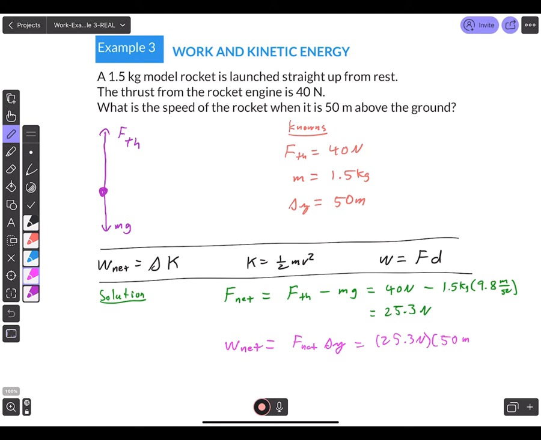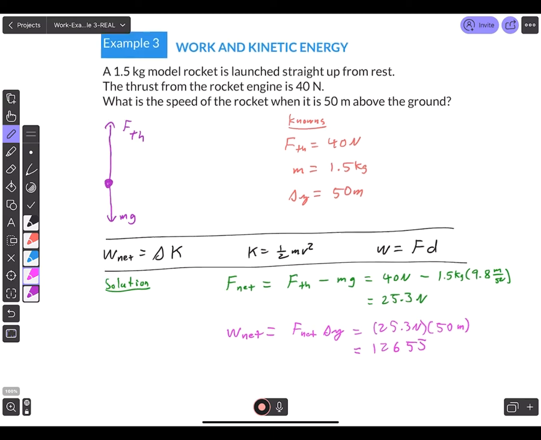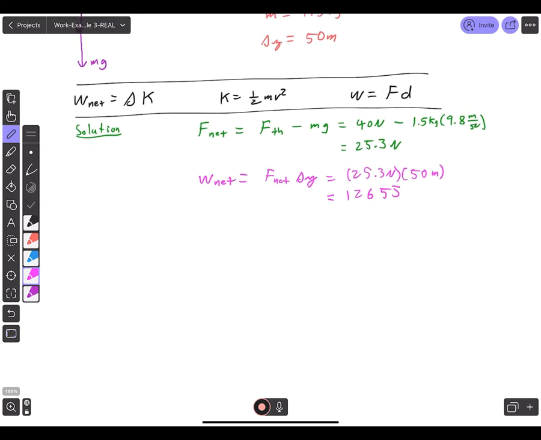It goes up 50 meters. And so using that, we can calculate that the work done is 1265 joules. So now we know the work done, and we can use all this to calculate the final speed.